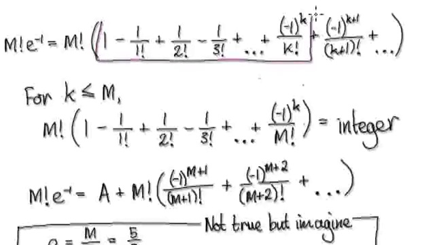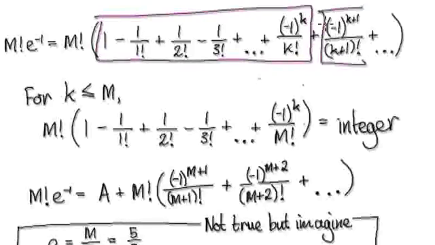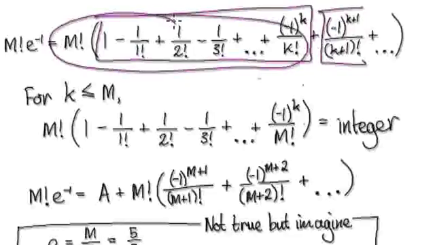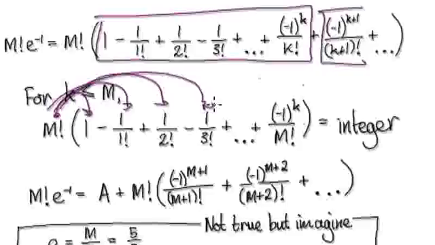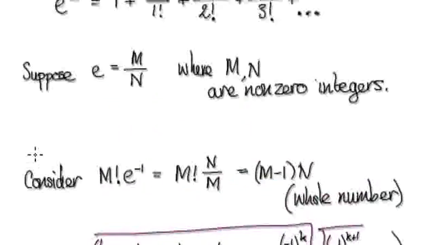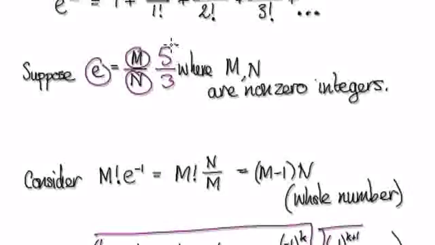You've got one block here and another block here, and in this whole thing you've got this times this, this times this, and so on. Remember we said that e can be expressed as a fraction, one number over another number. Let's just imagine it's 5 over 3. It's not true, but let's imagine it. So this m here is 5.